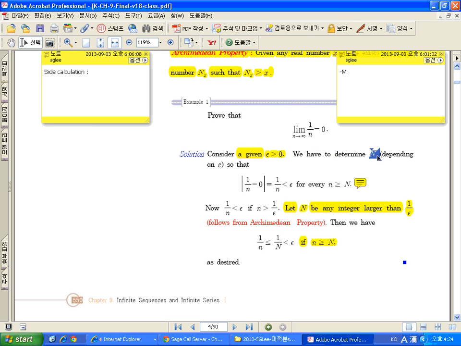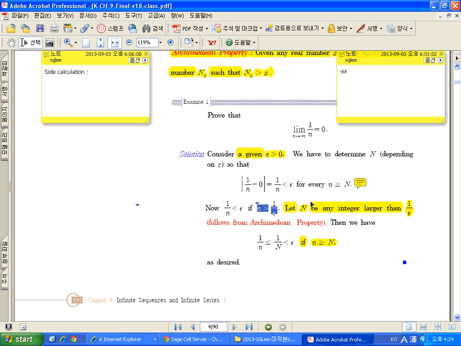So we are looking for N that satisfies this one. If we change this n and epsilon, that means if n is larger than 1 over epsilon, then always 1 over n is less than epsilon. This can be easily obtained by the side calculation.